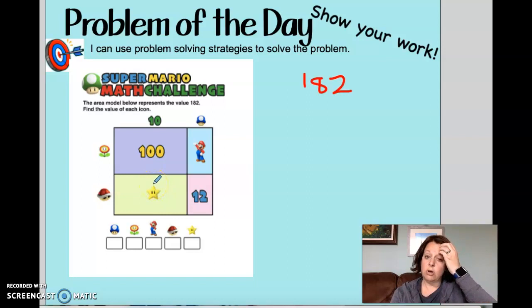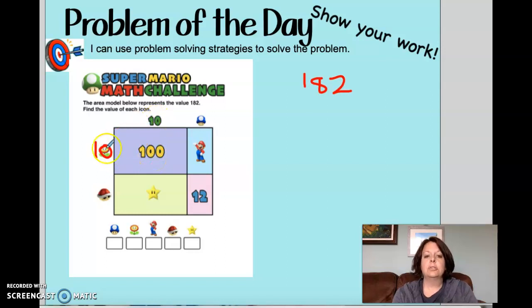We also know that we've got a mushroom here. Mushroom times star equals Mario. Now we know that in here it's 10 times star equals 100. So what does 10 times mystery number equal 100? It's 10. So that helps a little bit because we know that 10 times 10 is 100.